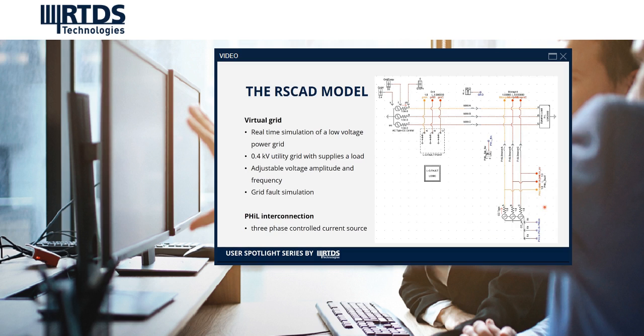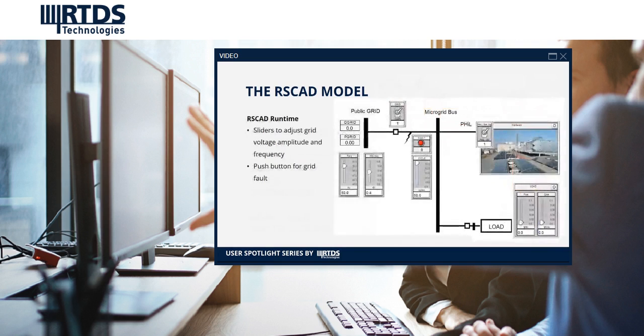And here a 3-phase controlled current source is attached, whose set points are the currents that are measured by the 4-quadrant amplifier. I will come back to that basic principle just a few slides later. This model is derived from the microgrid tutorial test case from RTDS, and the associated runtime looks like that.